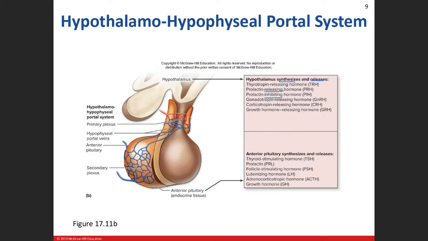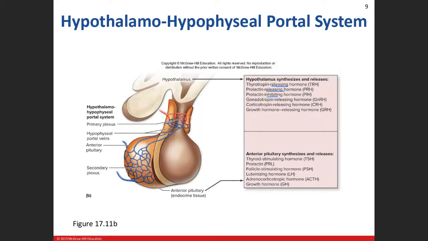And then you can see this list here of all these hormones that the anterior pituitary gland will release if it's stimulated by the hypothalamus, while it's also making these hormones. I want to draw attention to this: up here in the hypothalamus, we have releasing hormones or inhibiting hormones.